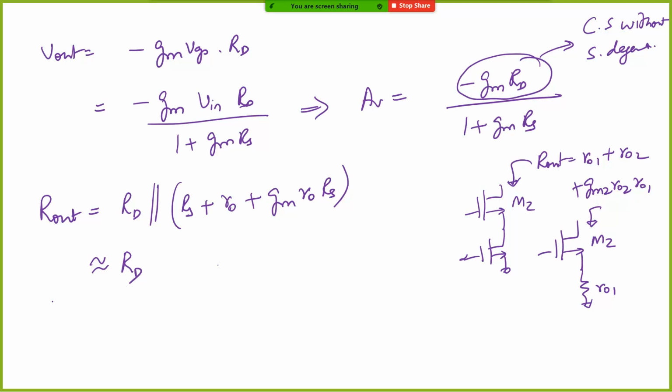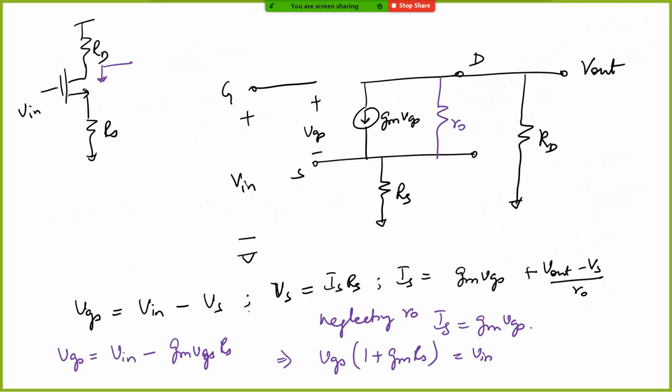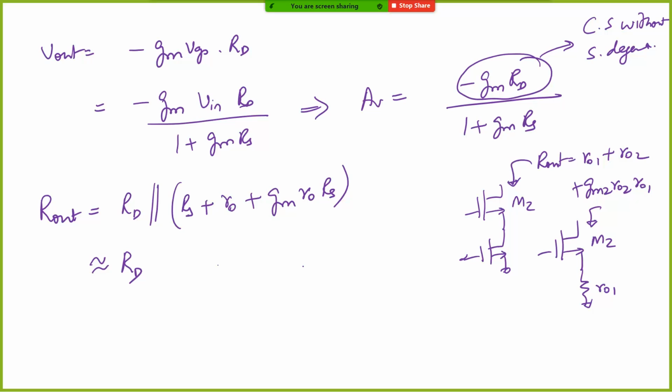So source degenerated common source will give you lesser gain, but there is a flip side to it.